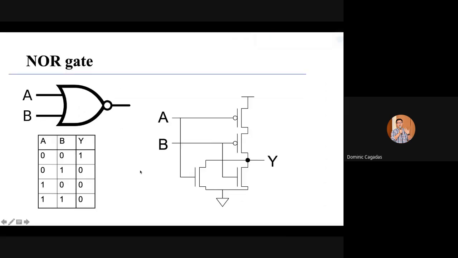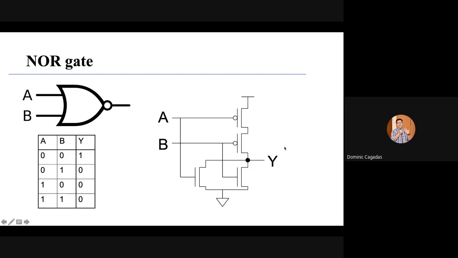Okay. Next case, 1, 0. A is high, B is low. If A is high, this PMOS here is off. Therefore, even if the other NMOS or PMOS is on, our VDD is not connected since this one is off.